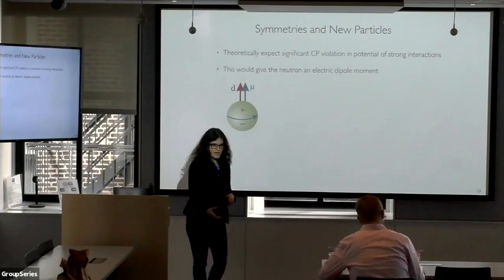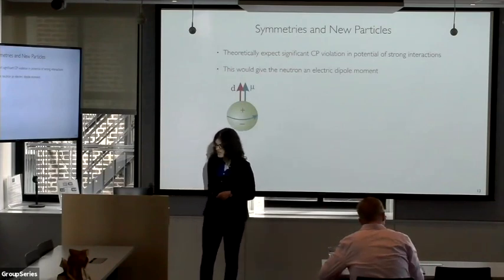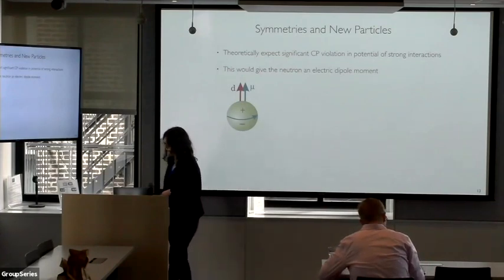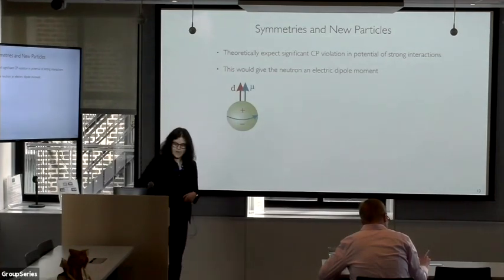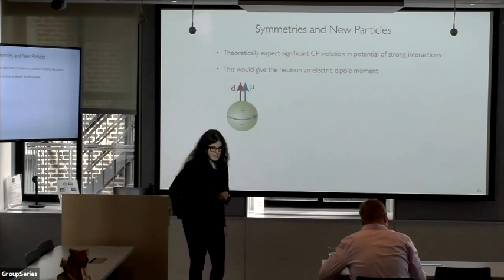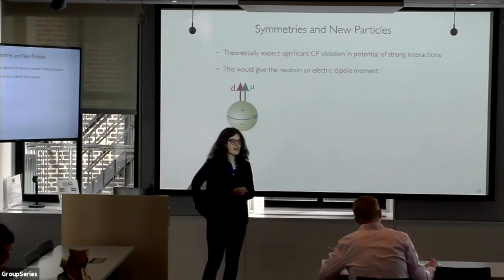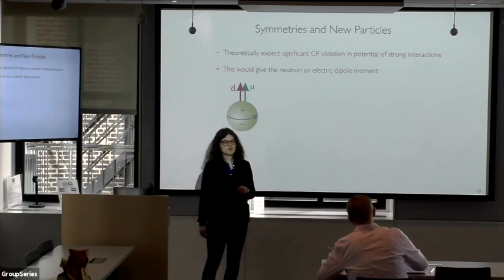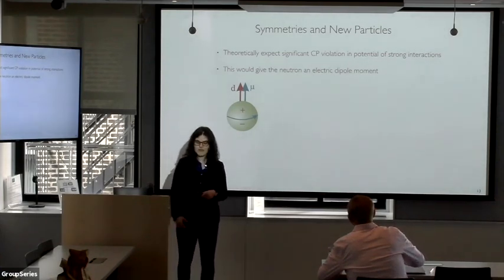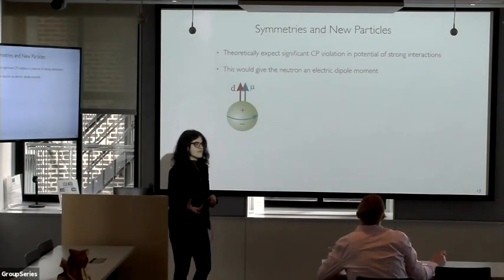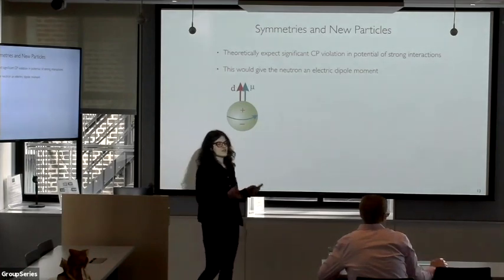So going back to the story of symmetries, I want to go back to the symmetry of parity that I mentioned at the beginning. It turns out that the standard model is very bad at preserving parity. And in fact, you expect a significant amount of parity and actually what's called CP violation in the potential of the strong interactions.